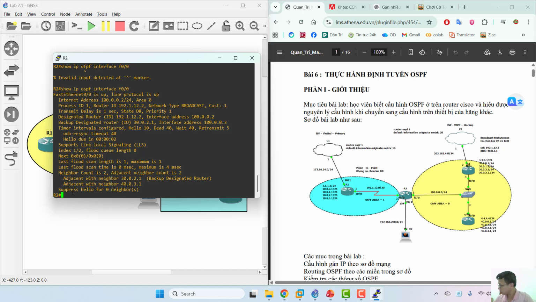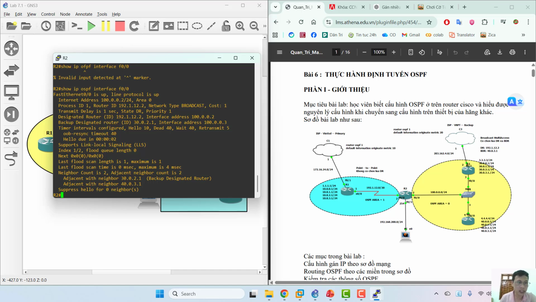Now we check here the designated router and the backup designated router.